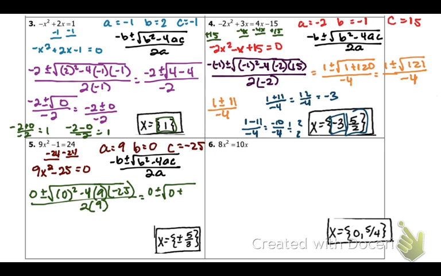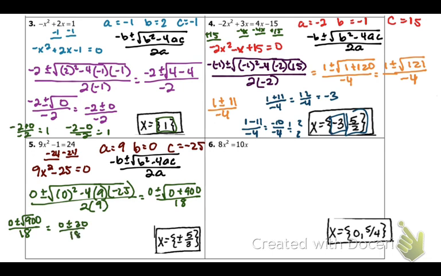That's going to give you positive 900 all over 18. Now 900 plus 0 is just 900. So I'm going to have 0 plus or minus the square root of 900 over 18. Now 900 is a perfect square, and it's 30. So 0 plus or minus 30 over 18.